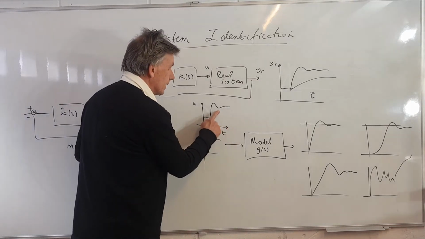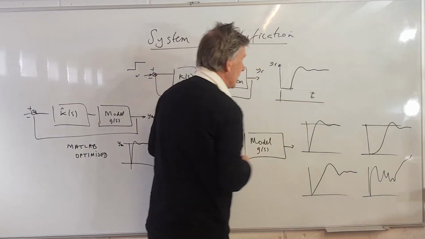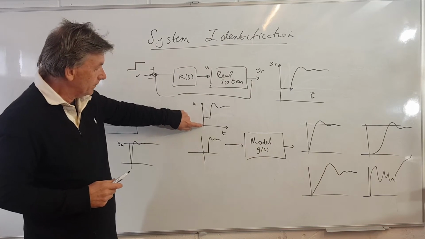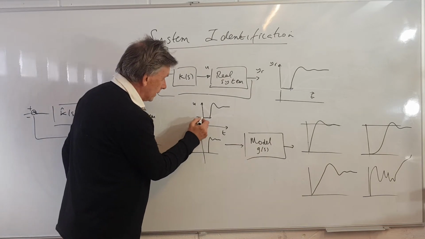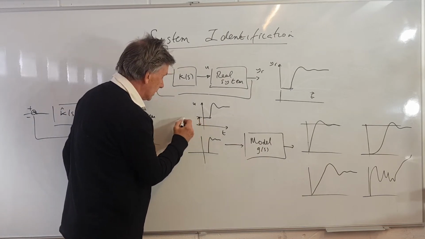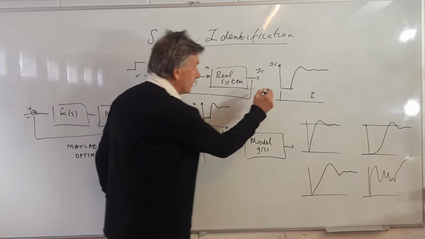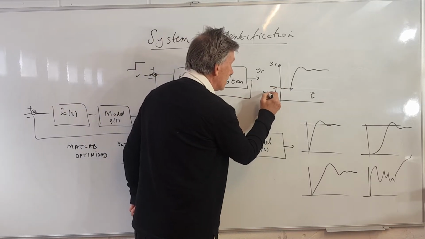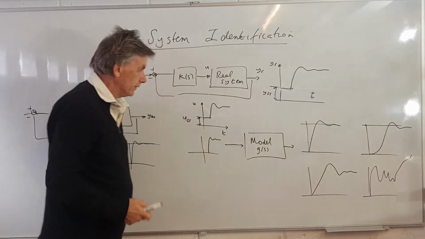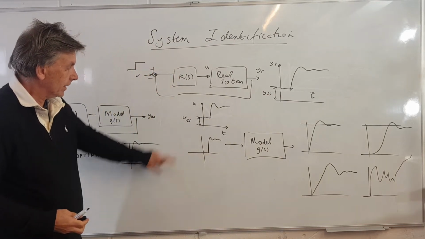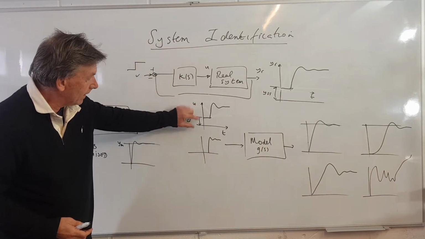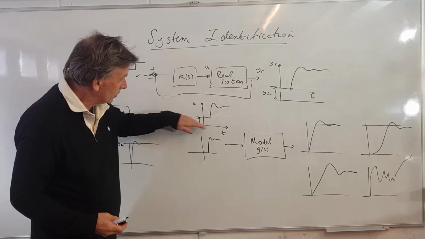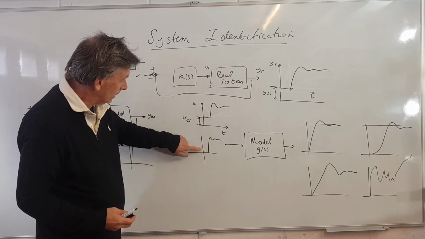The next thing that's going to happen is, because it's a real system, it's not going to start at 0. So we're going to have some value here, say USS, and another value here, YSS. For system identification purposes, we'll have to remove these values from this data. So we'll subtract this value, so it now starts at 0.